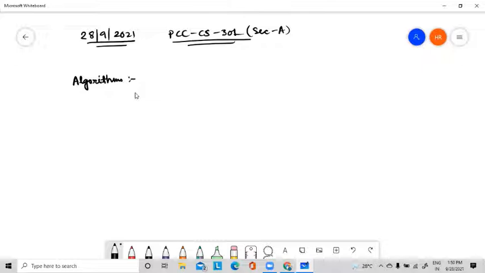And along with this, we have also discussed how to measure which algorithm is best for a particular problem. Because we have seen for a particular problem, we can write many solutions. Such as in the last class, we discussed prime number, whether a given number is prime or not.